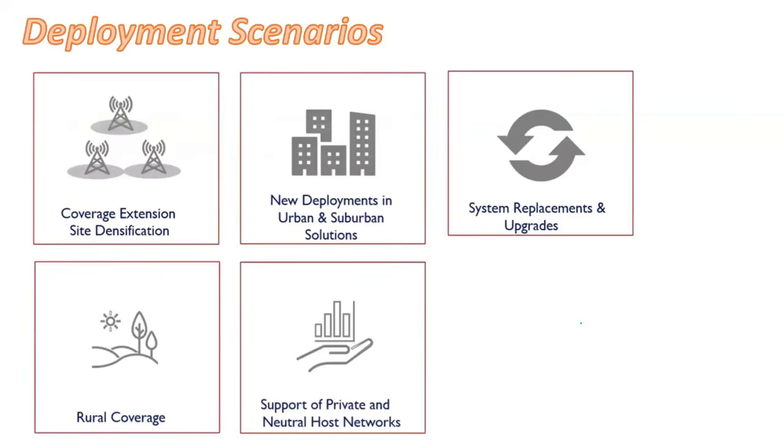We can implement, of course, a typical network deployment for coverage extension and site densification. For us RF engineers and optimization engineers, we see a deep challenge when deploying Open RAN in the existing network. Suppose we have a traditional network, call it traditional network A, and you want to implement Open RAN.